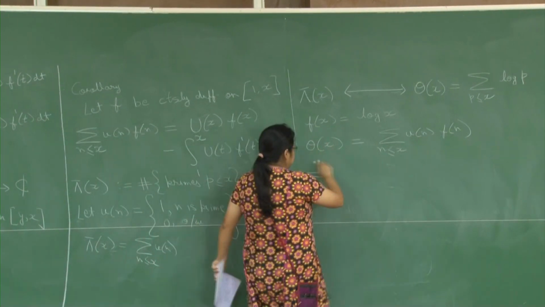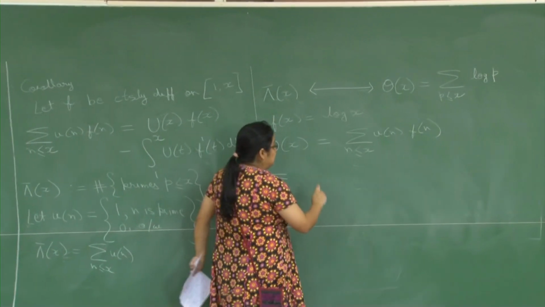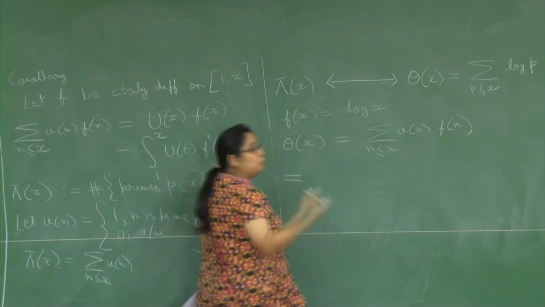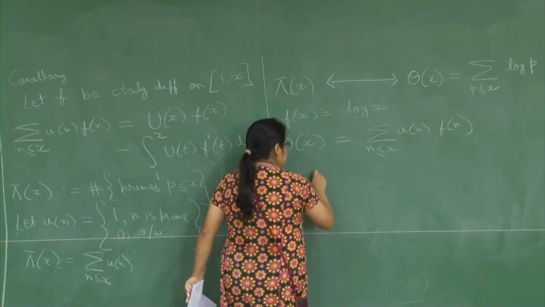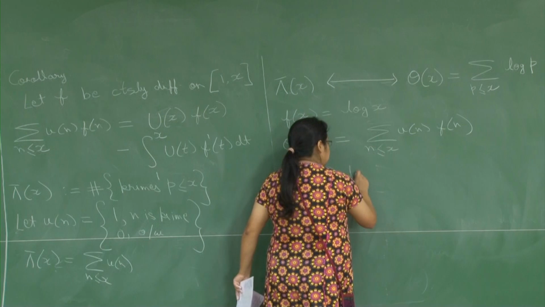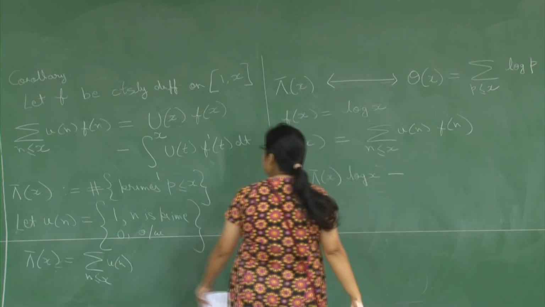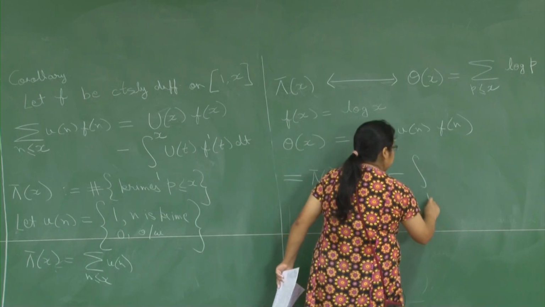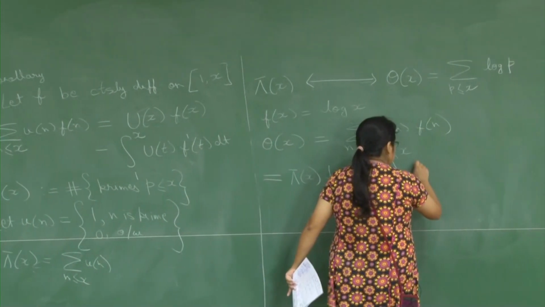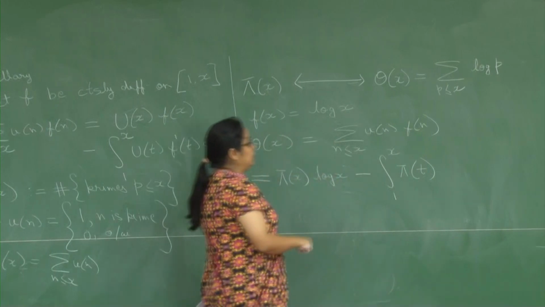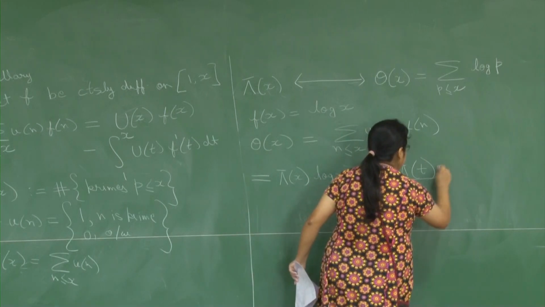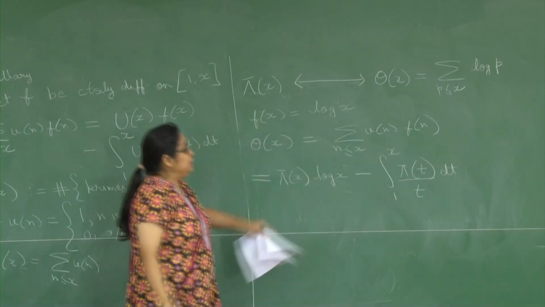So, we can write this as capital U of x, which is just the partial sum over n less than or equal to x of u of n, which is exactly the prime counting function, pi of x, times f of x, which is log x, minus the integral from 1 to x of capital U of t, so your prime counting function pi of t, times f prime of t dt, which is just pi of t over t dt.